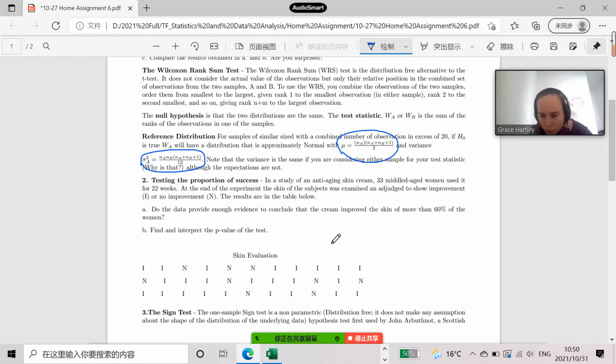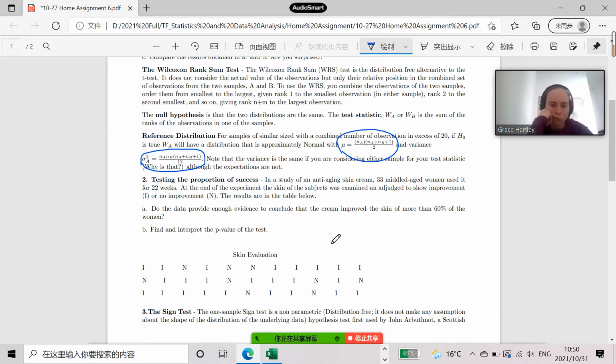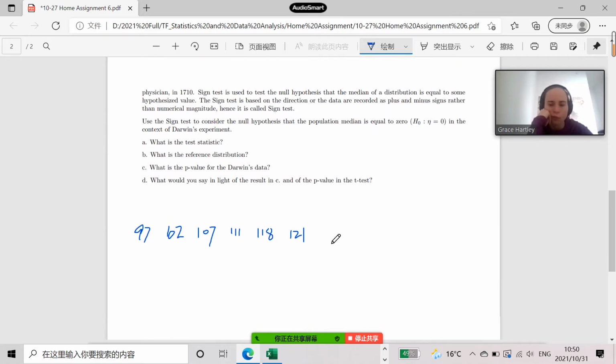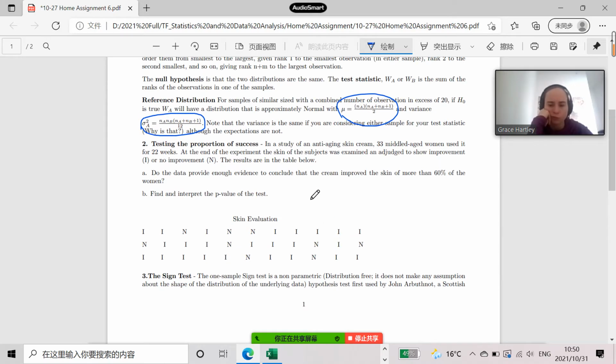So, for example, let's see. I can write this formula and spread it out a little bit, so maybe that's easier to understand.